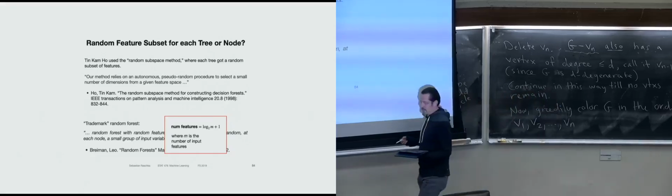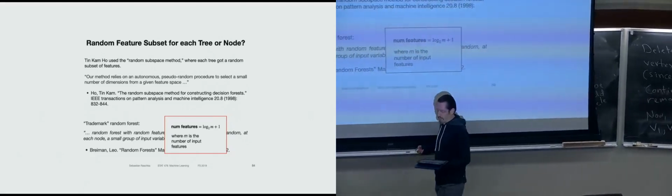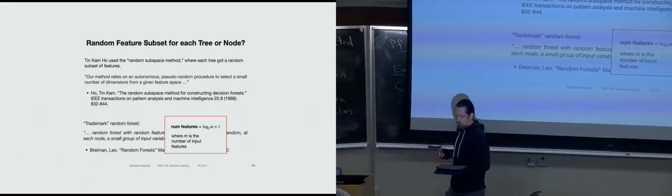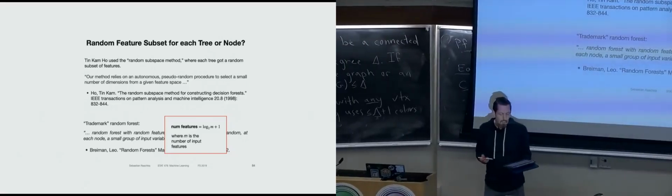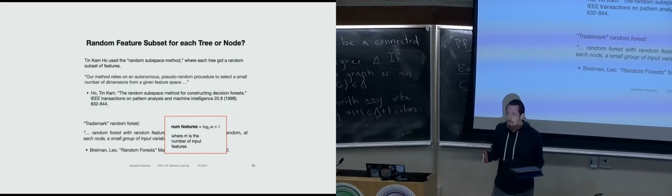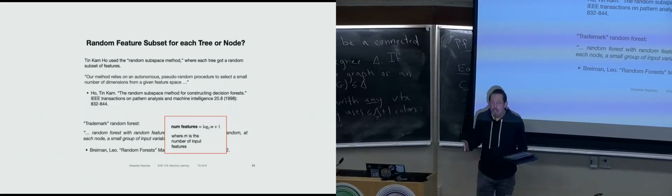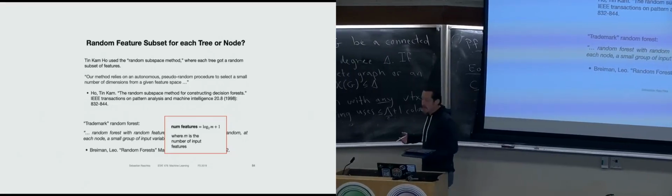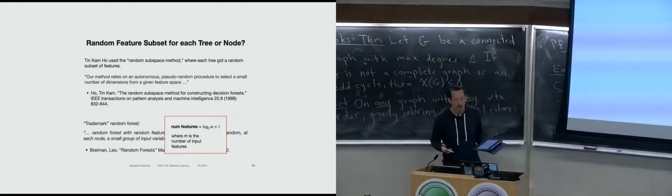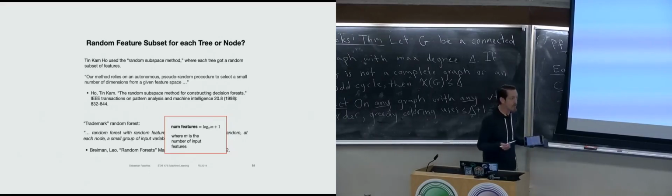So scikit has a default, which is that when we select a random subset of features, we do it in proportion to the number of input features to the raw data, right? So if there's m features in the raw data, by default, scikit ends up selecting log base 2 of m plus 1, so you don't have any zeros, right?